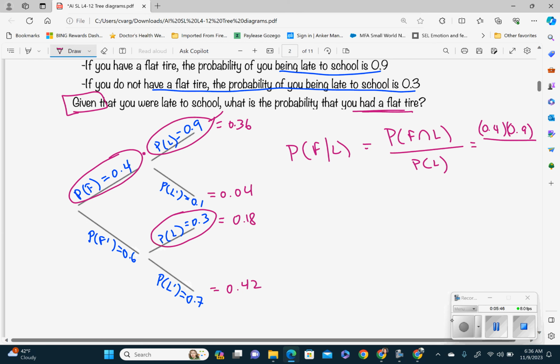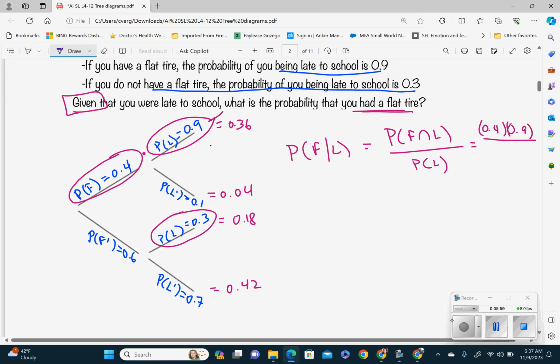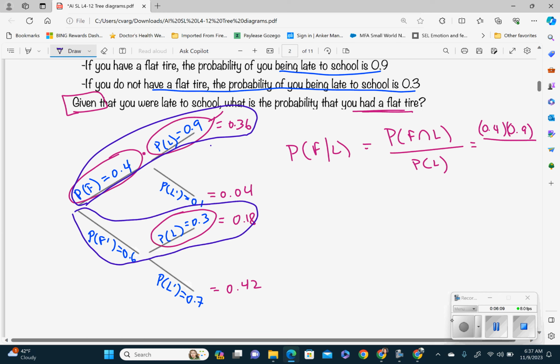Now we take our probability of late. This is this path right here, the flat and late path, and I'm going to add that to the probability of not flat and late.